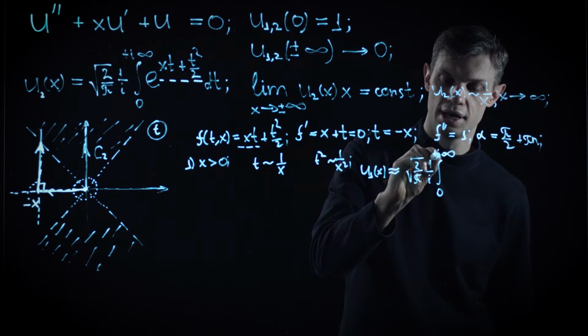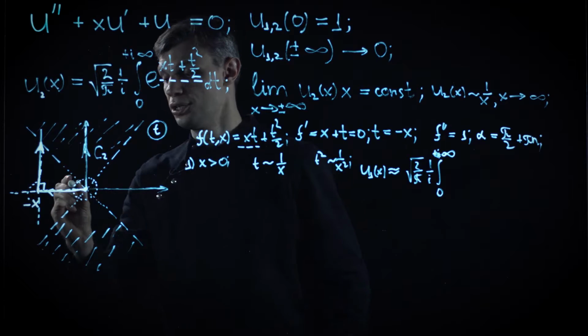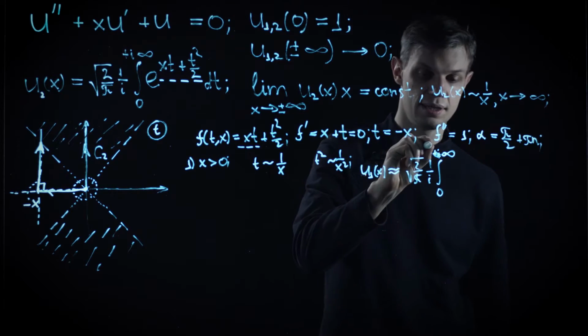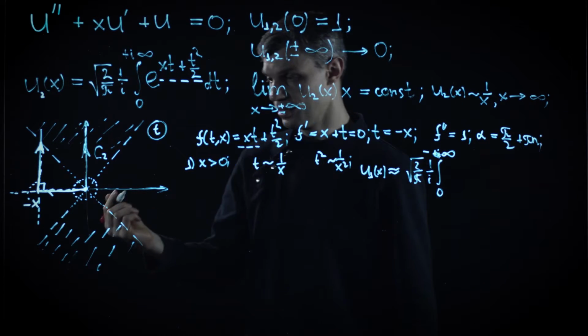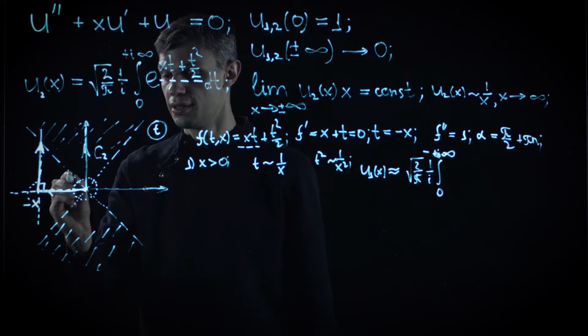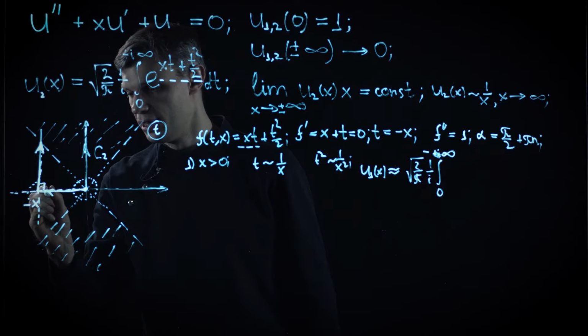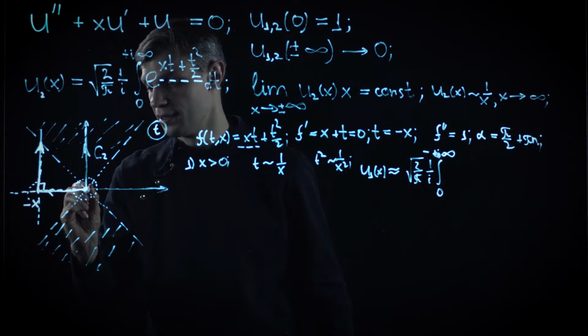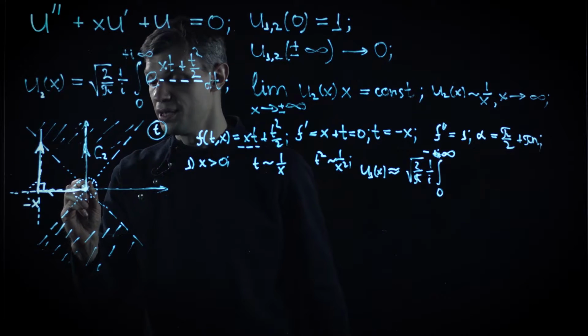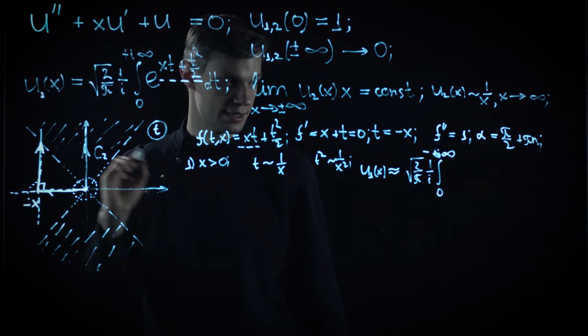Oh, sorry. So from 0 to minus infinity. Why minus infinity? Because the integral is convergent for x t of the order of 1 over x. So, keeping this in mind, we continue this contour into a semi-infinite segment from 0 to minus infinity.